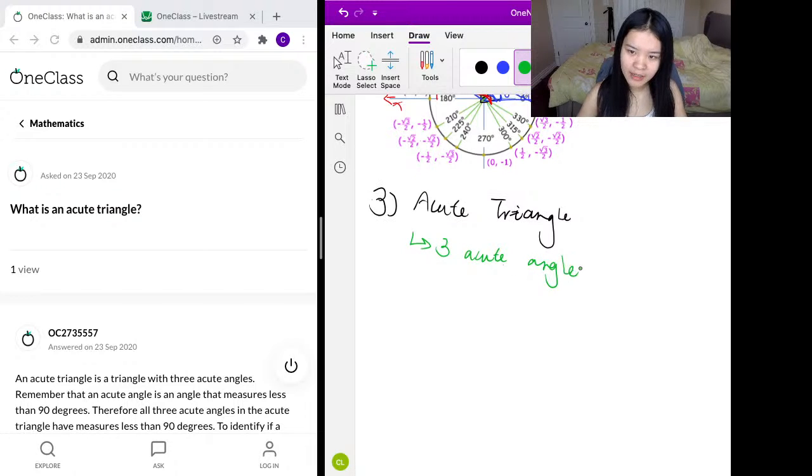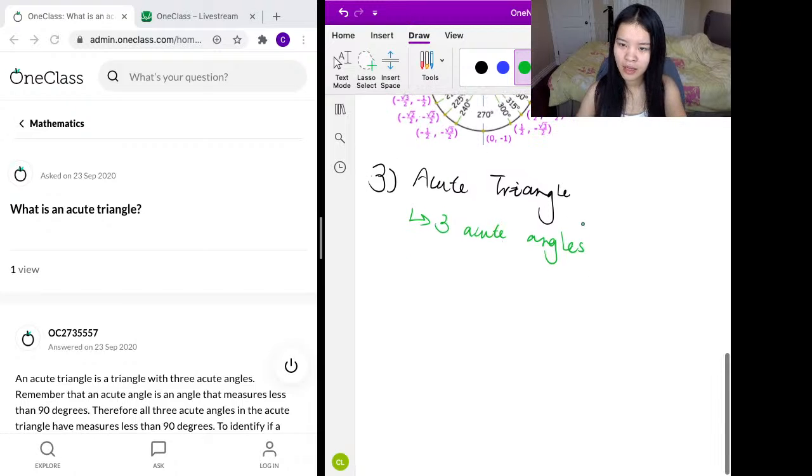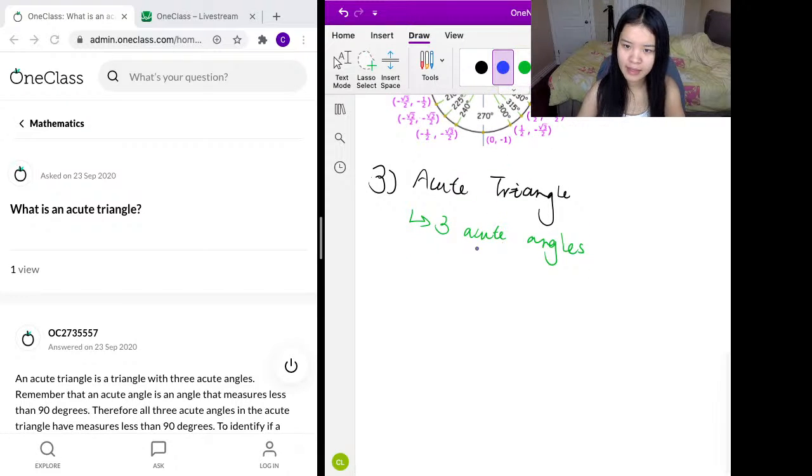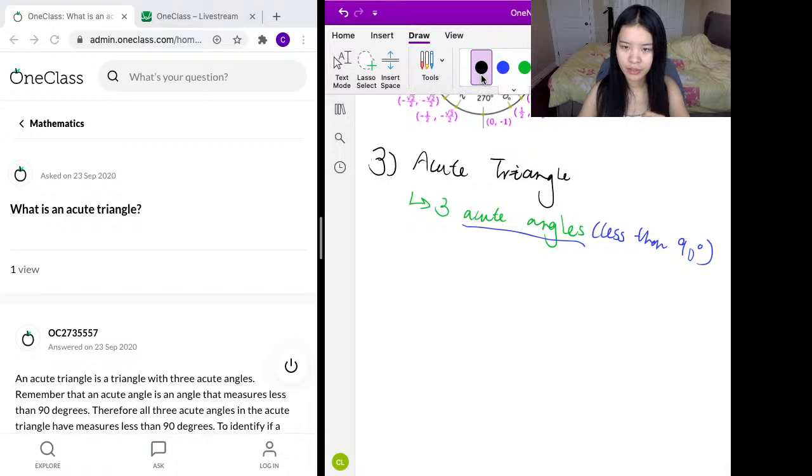And what are acute angles? Acute angles are angles with less than 90 degrees. So let's draw some triangles, and see if you know whether each is an acute triangle or not.